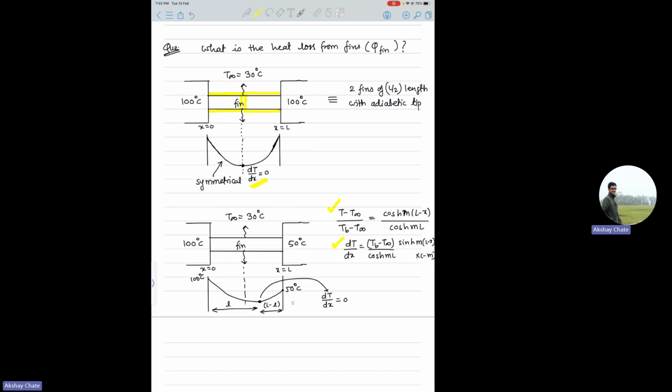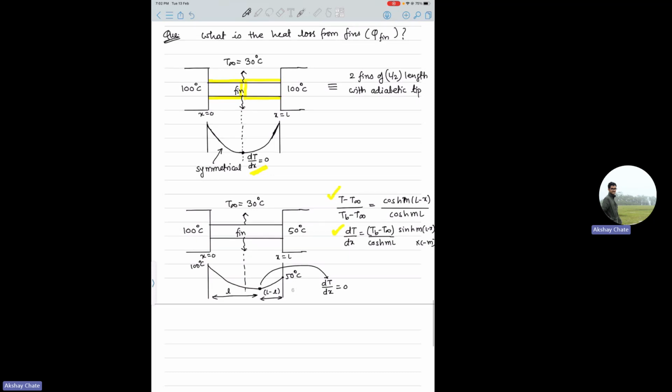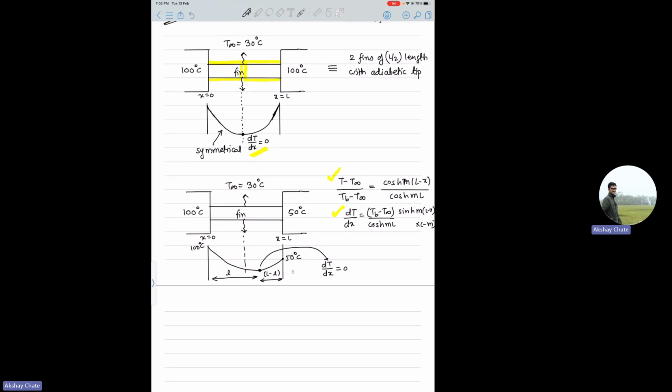You have to do some manipulation here. You can assume one fin of this much length, where your dT/dx becomes 0, and then you make this 0 and get one equation for small l.